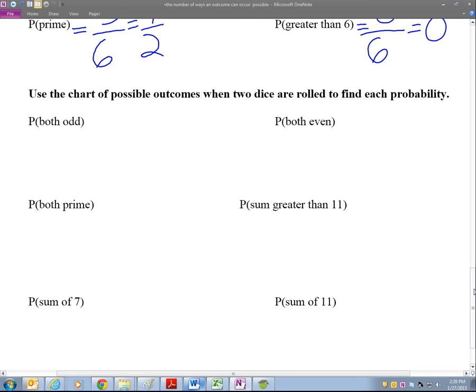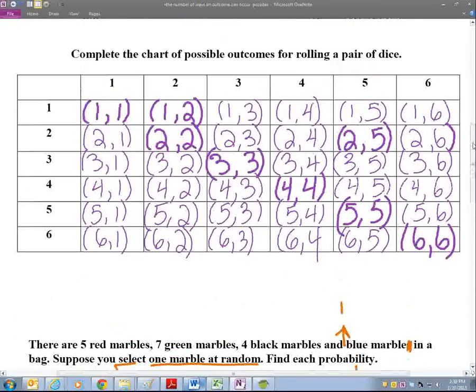Use the chart of possible outcomes when 2 dice are rolled for each probability. You guys have that in your notes. You're going to use that for your homework tonight. So for this one here, if there was a situation where you were getting both odd, both of these that you roll, both dice, you have 2 now, they're both odd.